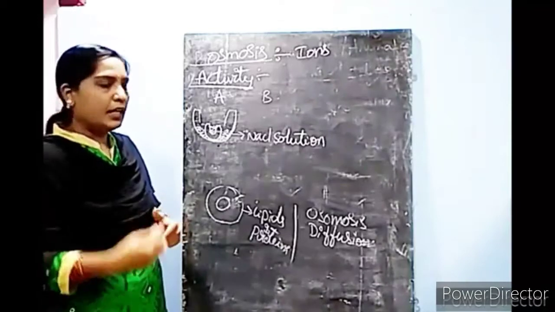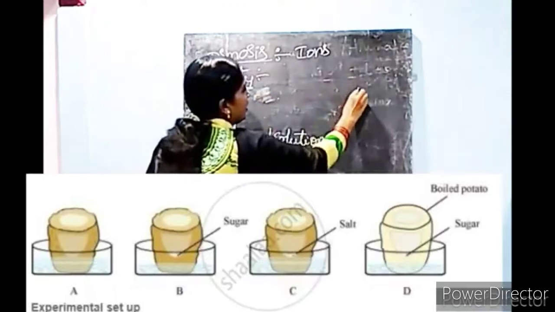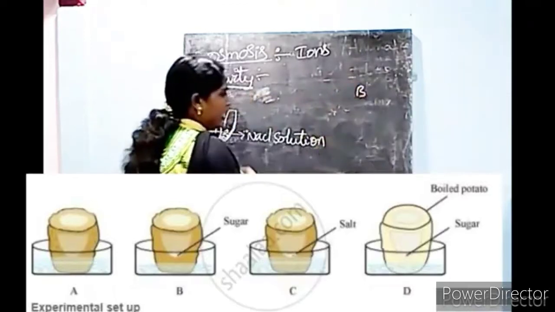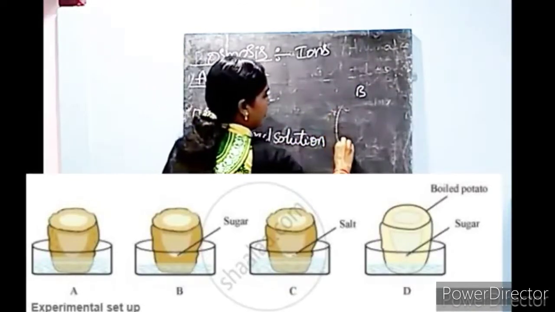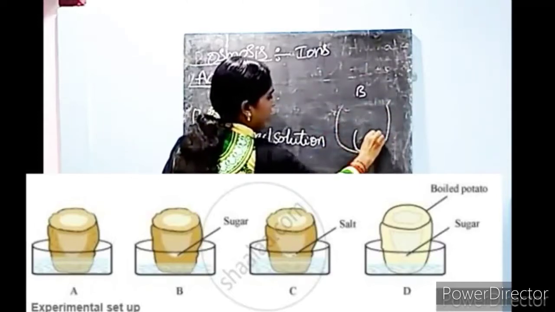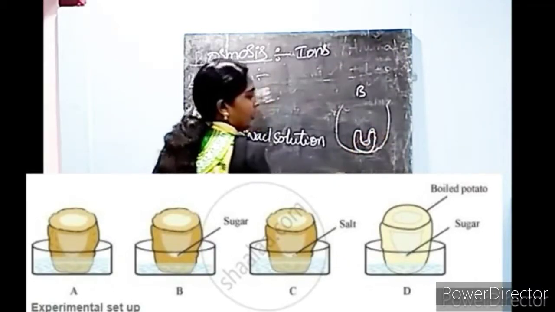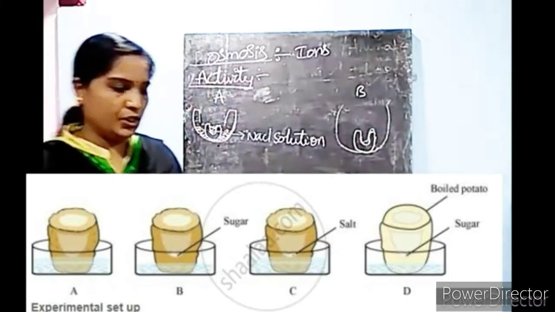Understood, children? And then in bowl B, take the same way. You take one bowl and arrange this potato dish inside. But here you do one small change.